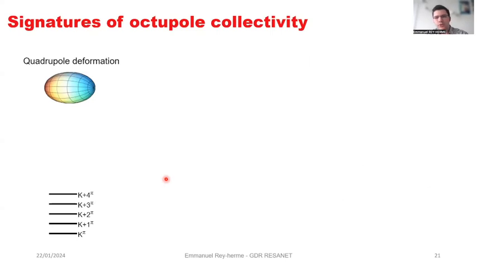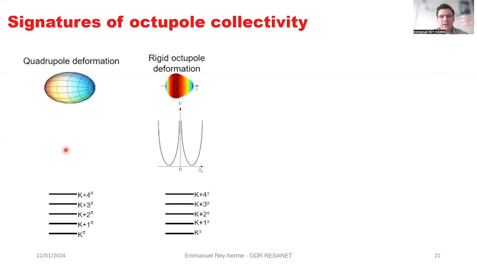Now, if we go to octupole collectivity, we keep in mind what happens to quadrupole deformation, and we take an ideal case of what we will call perfectly rigid octupole deformation. This means that if we plot the potential as a function of the octupole deformation, beta 3, you have a minimum of potential energy for non-zero deformation, and you have an infinite potential barrier at 0.